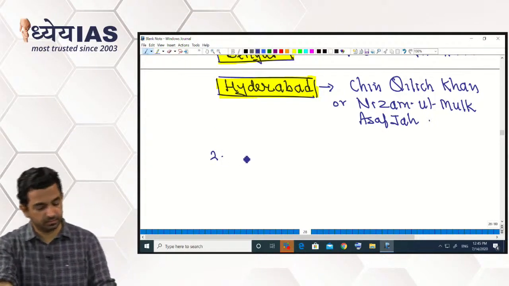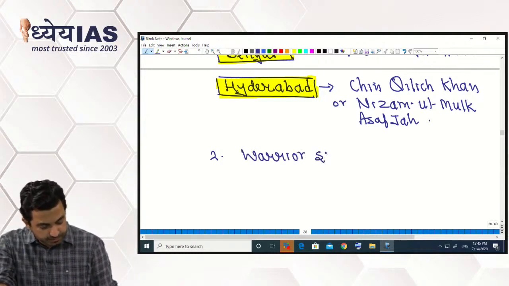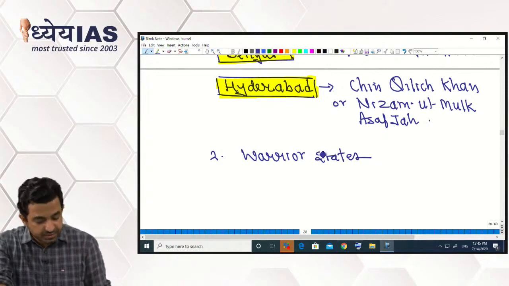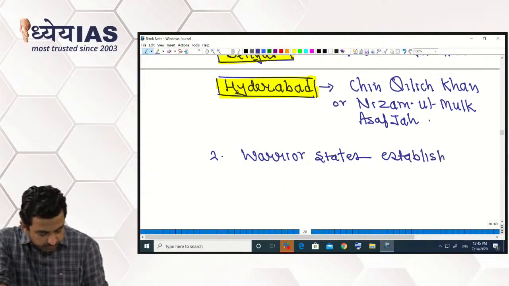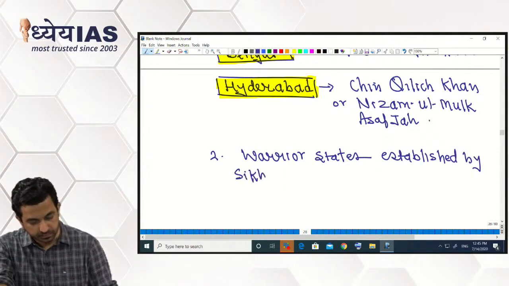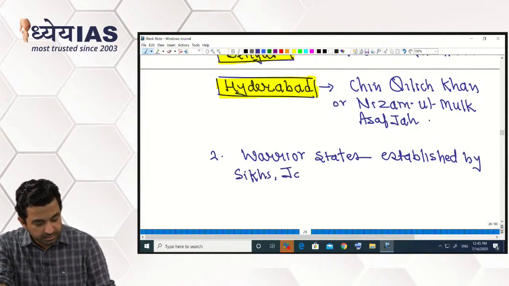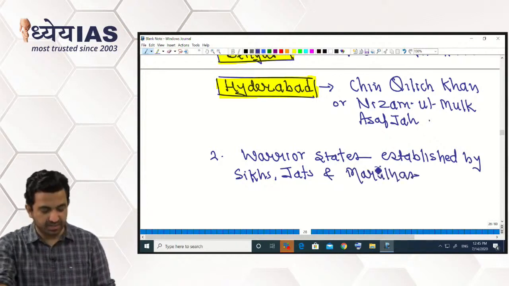Next one, another kind of state, warrior states, established by Sikh, Jats and Marathas.